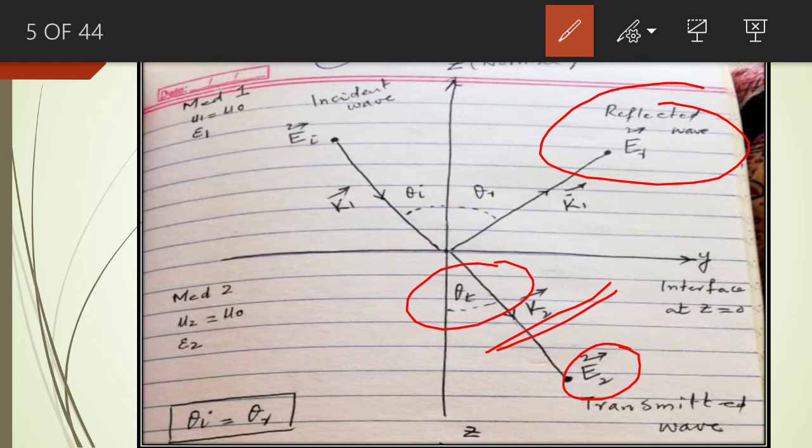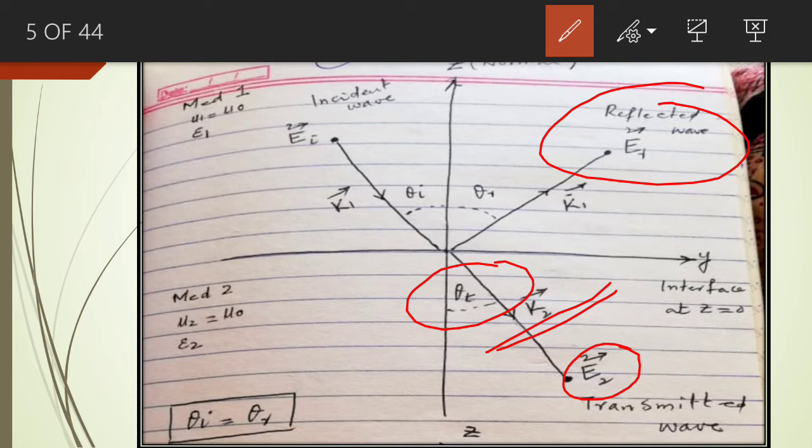So if you want to transmit the energy of the incident wave to the second medium, then the reflection process is an undesirable process. We need to eliminate the reflected wave, because some energy of the incident wave will be lost due to this reflection phenomenon. So reflection is a very important topic in the subject of fiber optic communication system.